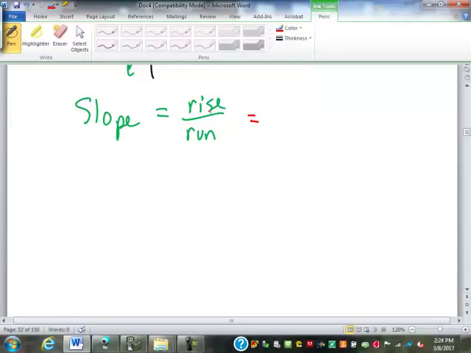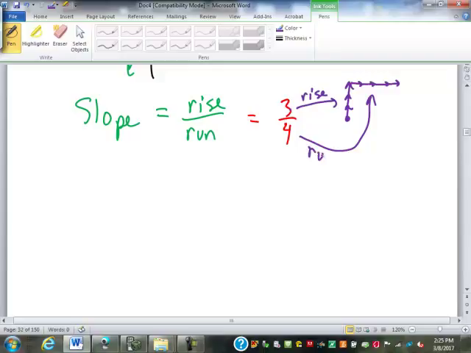So if I have a slope, let's say, of 3/4, the 3 tells us that from some starting point, we have to go up 1, 2, 3 units. That's our rise. The 4 is telling us once we rise those 3 units, we have to go over 1, 2, 3, 4 units.